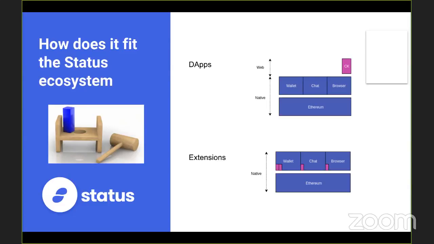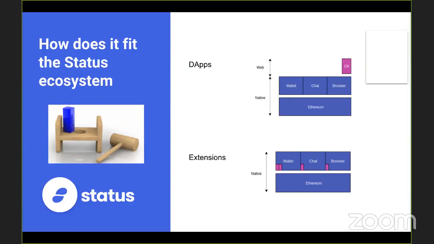But it also means you can interact much more closely with all the features and APIs that Status provides. For instance, you can directly reuse wallet features, or maybe more interestingly, chat features. You could leverage our contacts and send messages directly from within your extension.